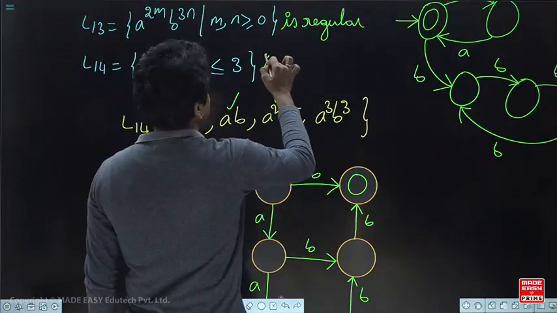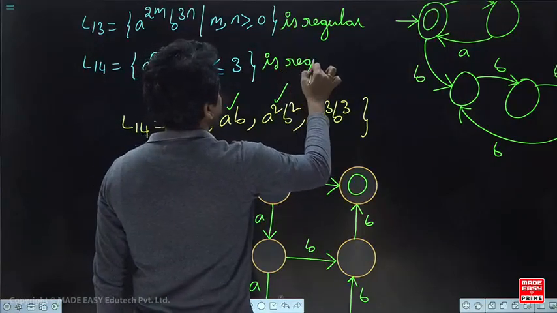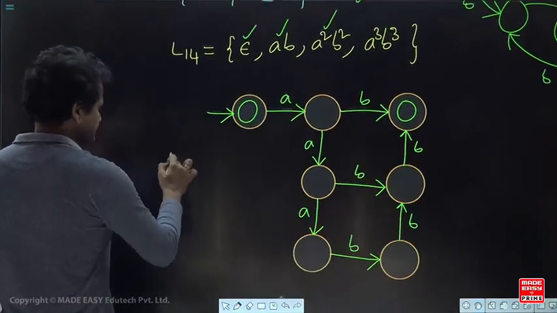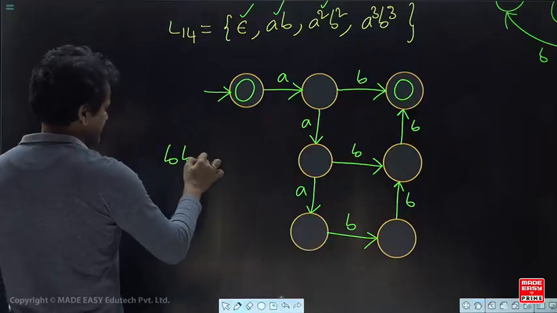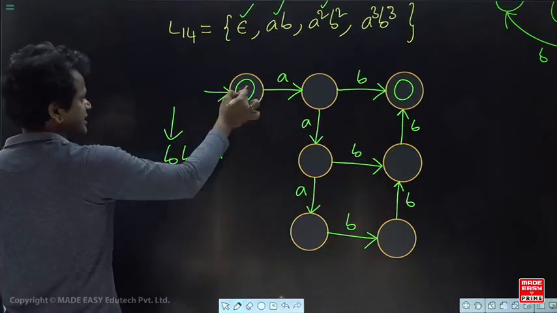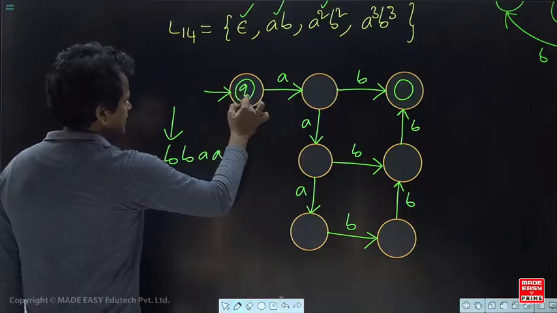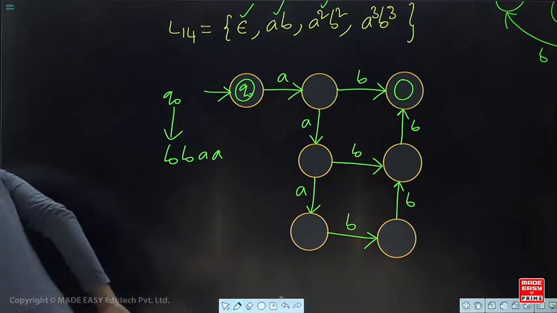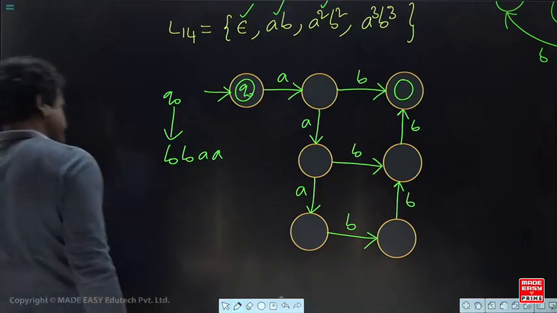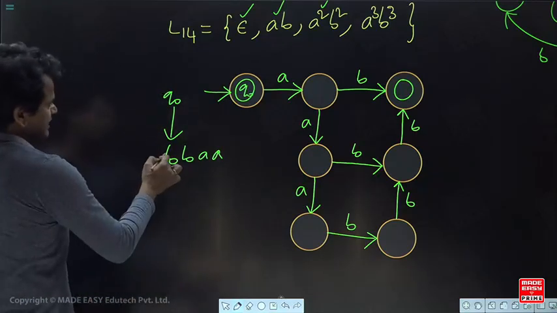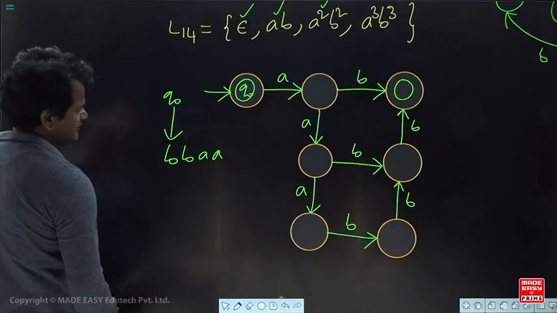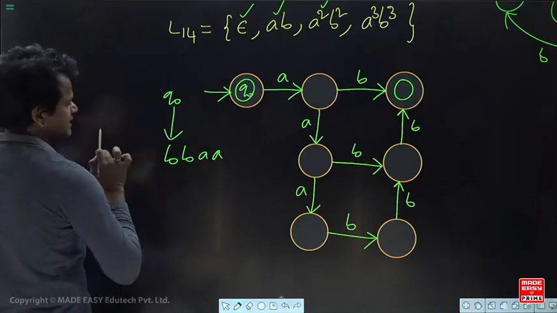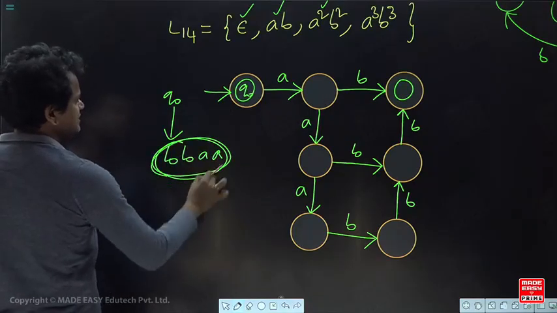At the same time, the machine cannot accept any other invalid strings. Example, this is invalid. The machine starts from the initial state q0, and on b, in q0 b has not been defined, so the machine stops. Even though it stops in the final state, it is not accepted, because the string is not completed.